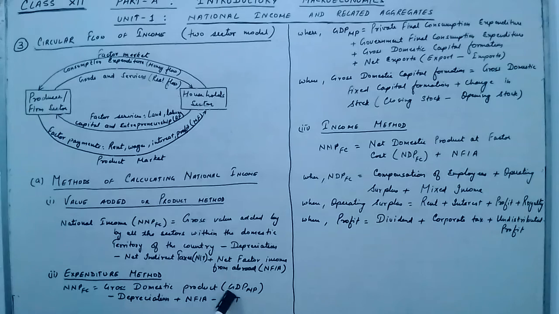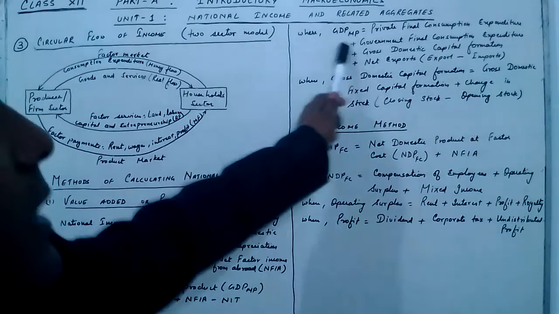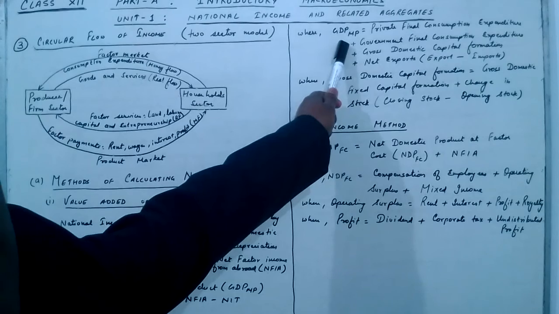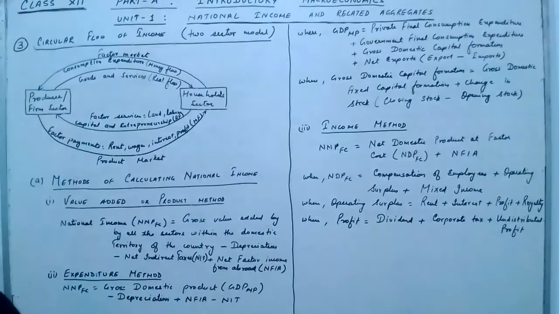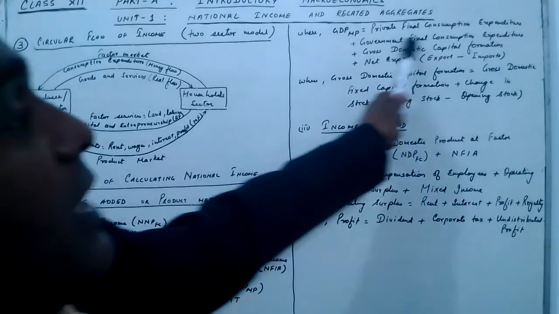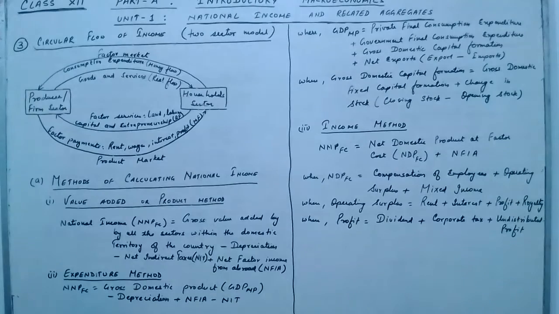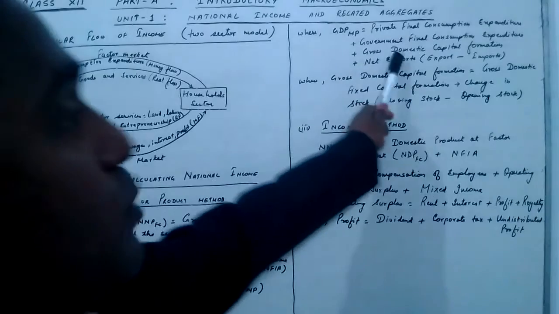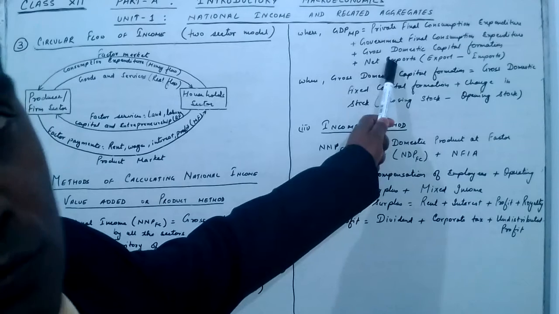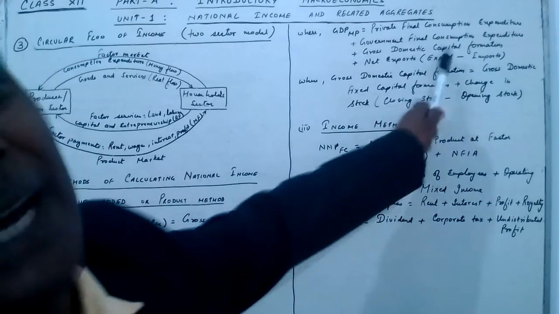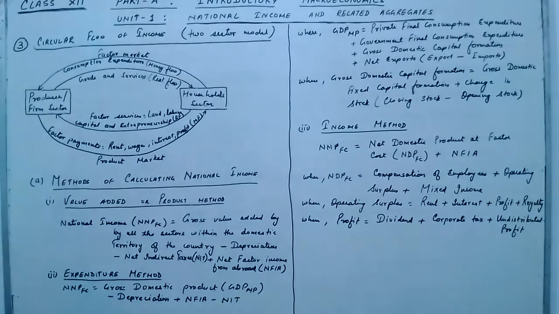Now how is GDP at market price calculated? GDP at market price equals private final consumption expenditure, what the household people spend, plus government final consumption expenditure, as the government also spends money, plus gross domestic capital formation, plus net exports, that is exports by our country minus imports by our country.